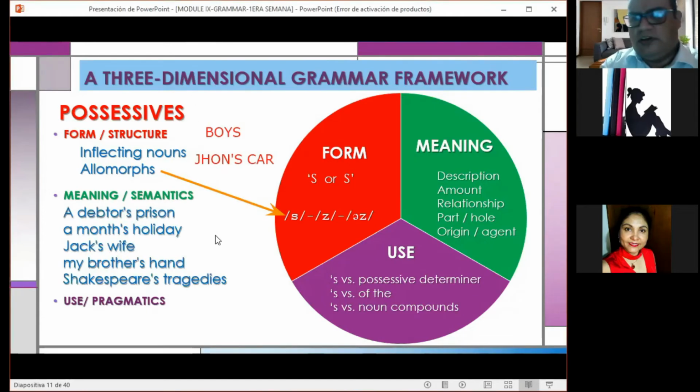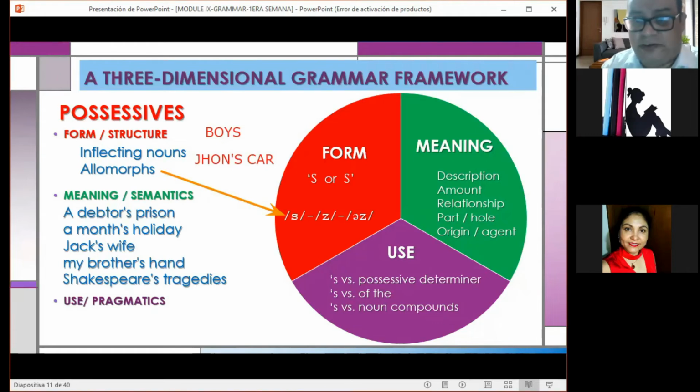For example, here you have some examples of the possessive case, no? A debtor's prison, a month's holiday, Jack's wife, my brother's hand, Shakespeare's tragedies. Notice that this example is just not related to possession.